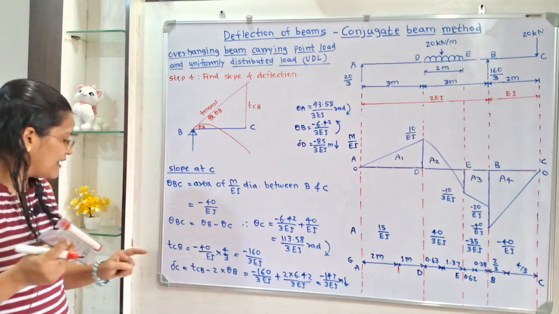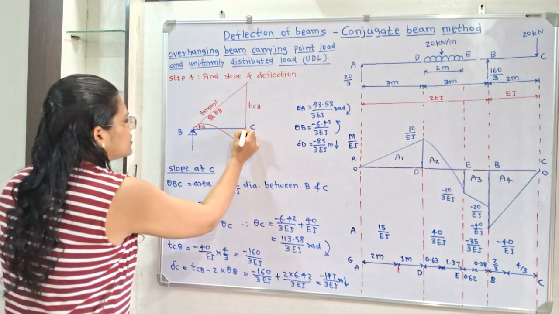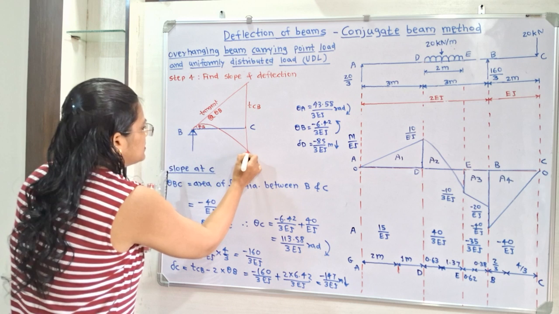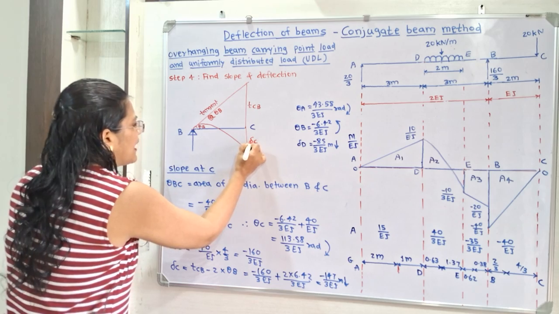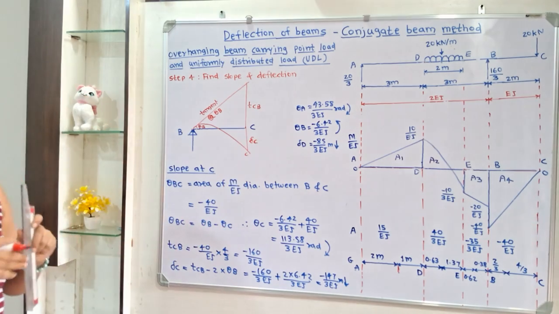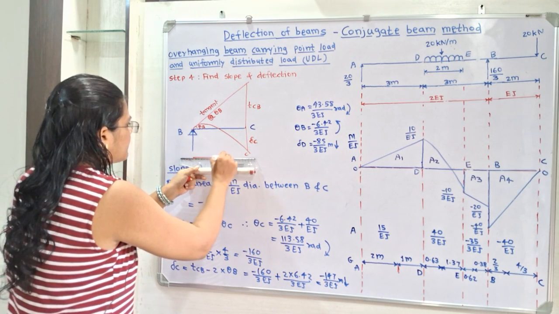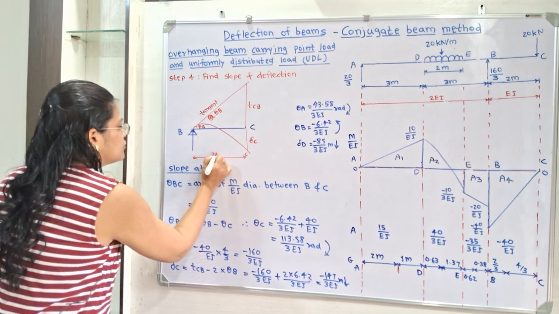Now how to calculate the deflection? Now this is the original position and here is the final position. So this C to C is known as delta C. So how to calculate the delta C? So first we will mention here the distance in between B and C. So this distance in between B and C is 2 meter.